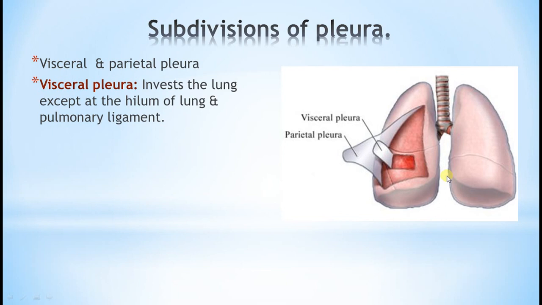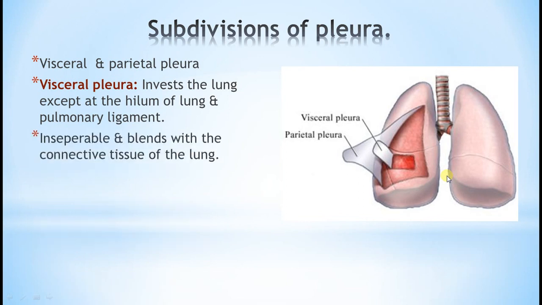What is the pulmonary ligament? Now this visceral pleura cannot be stripped off the lung like the parietal pleura. It closely invests the lung, and it is adherent to the connective tissue layer of the lung.